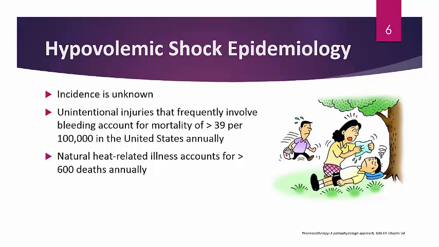Unintentional injuries that frequently involve bleeding account for a mortality of greater than 39 per 100,000 people in the United States annually. And bleeding is an etiology of hypovolemic shock, which we'll talk about shortly. Natural heat-related illnesses account for greater than 600 deaths annually in the United States, and dehydration is another etiology of hypovolemic shock that we'll talk briefly about.